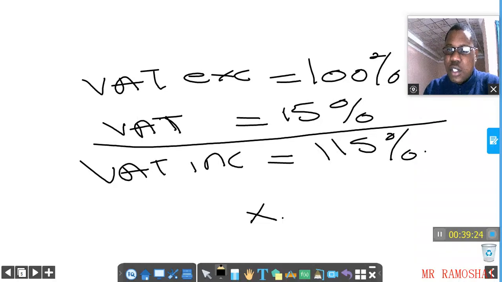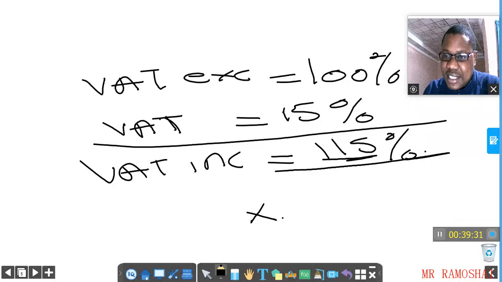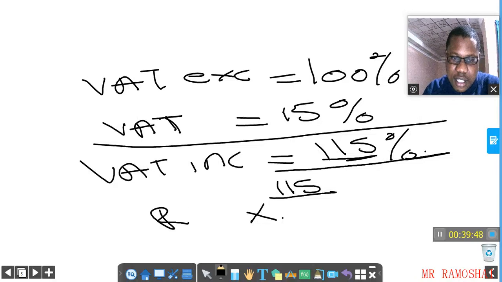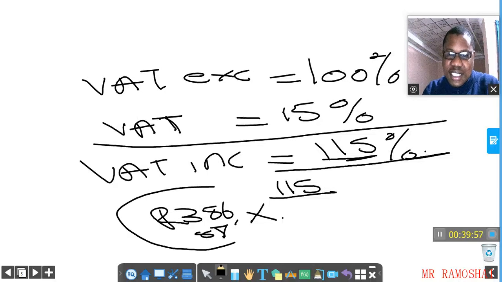In this case, we are looking for the VAT inclusive amount, which is 115%. But when we multiply, we no longer put the percentages, we just put the numbers. We are looking for 115 from what? What is this amount? Our amount here is 386.87, right?